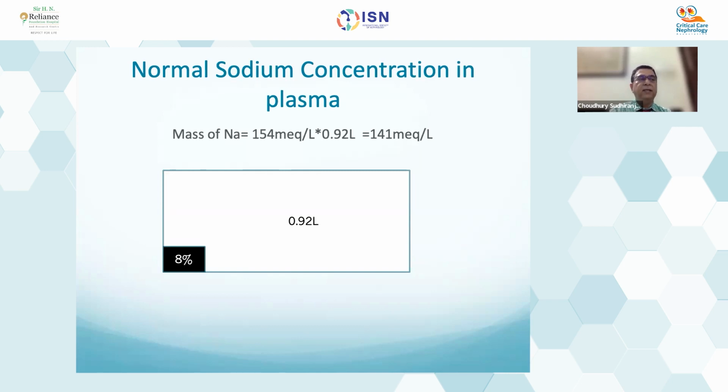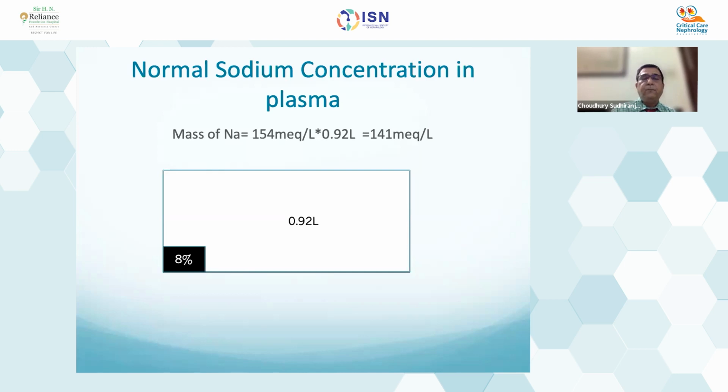There is an intrinsic calculation in that machine with a multiplying factor, and that multiplying factor normalizes the sodium level to our current form. So the normal sodium concentration in our plasma is actually 154 milliequivalents with ion exchange. That's why we call it normal saline.